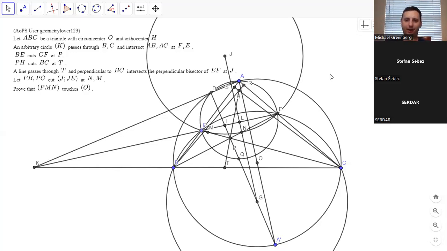It's a degenerate case of the isogonal line lemma. So basically, we know that HBA prime C is a parallelogram. Okay, so then we have angle DTI is equal to angle DKI.